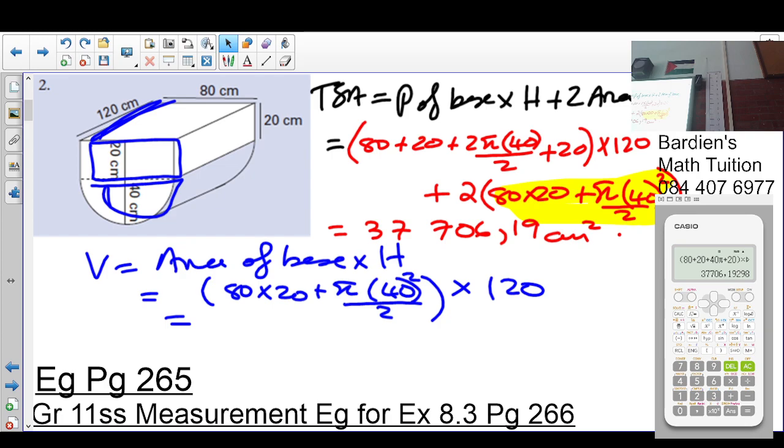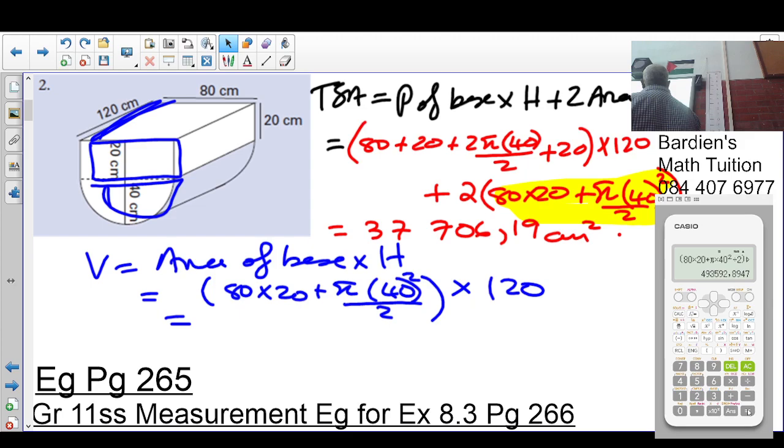Okay. So let's punch that in. It's going to be open brackets 80 times 20, plus pi times 40 squared over 2, times 120.